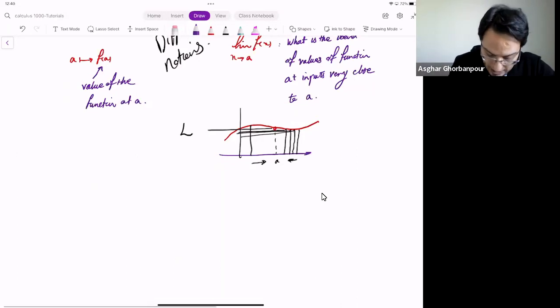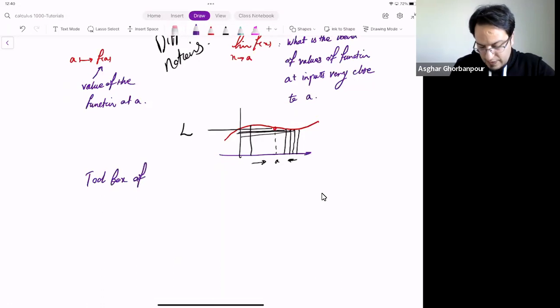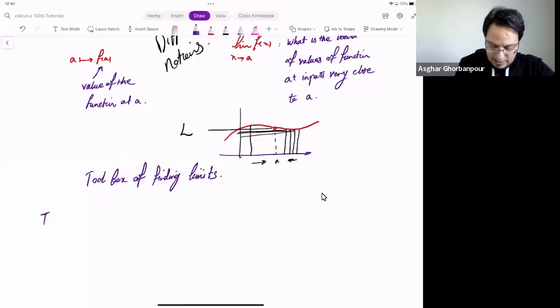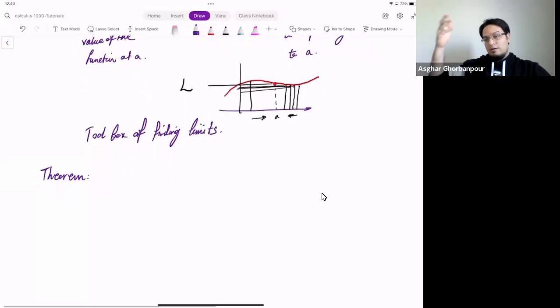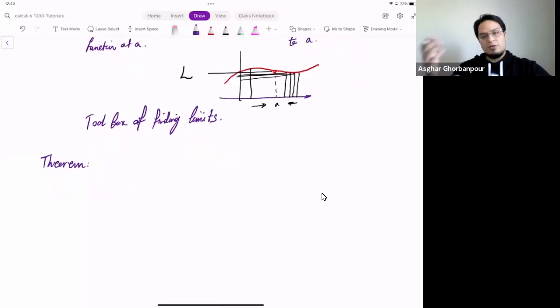So we are trying to make a toolbox of finding limits. Well, toolbox in math means theorems and facts and propositions, all those things. One very beginning one is taking care of tons of very basic and very frequent functions that we know.